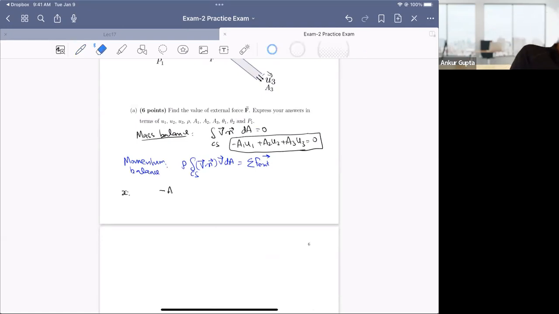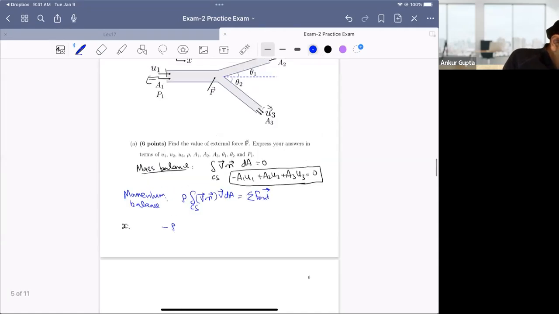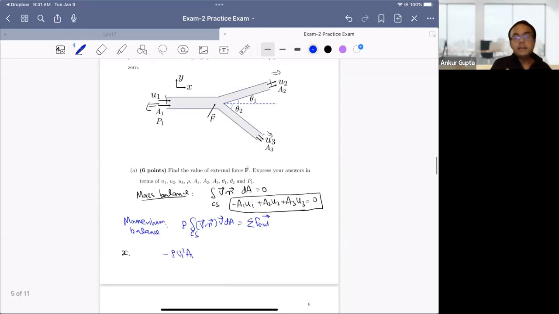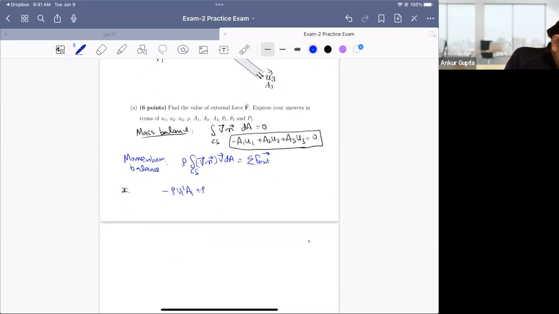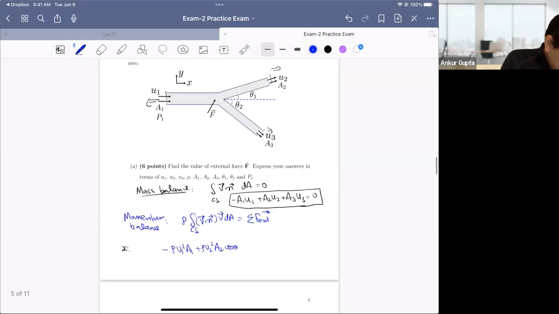So minus rho U1 A1 U1, that is, U1 square A1. Now in the right hand side I have U2 square A2 and U3 square A3, but I have to take the components now, right? So plus rho U2 square A2 cos theta 1 plus rho U3 square A3 cos theta 2 is equal to P1 A1, because P1 A1 is acting in the positive direction, plus F external x.